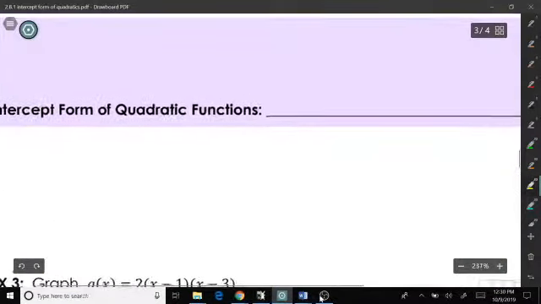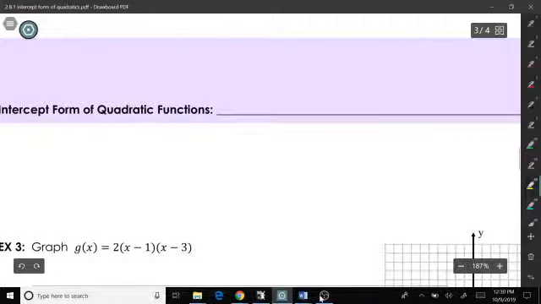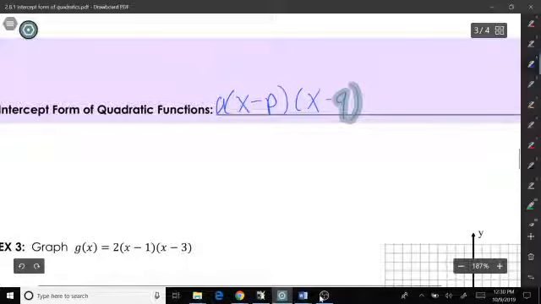So intercept form of a quadratic is written as x minus p times x minus q. And we can have an a value in the front, and actually, I'm going to write that a little bit neater. So y equals a times x minus p times x minus q.